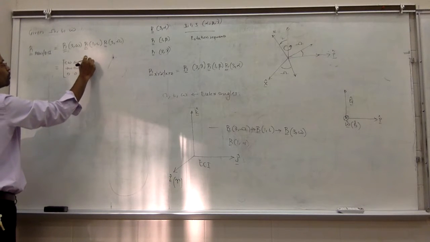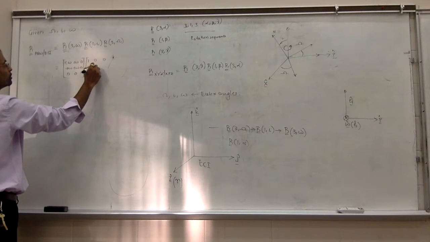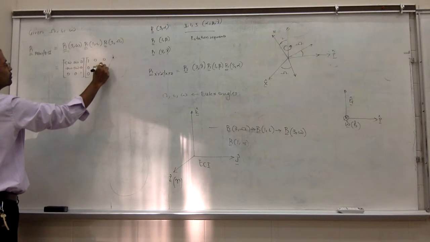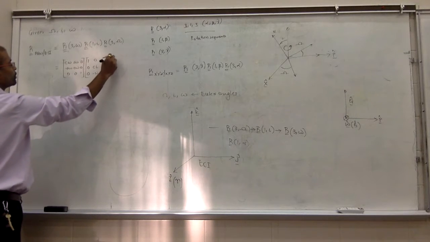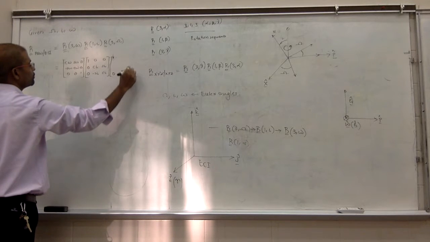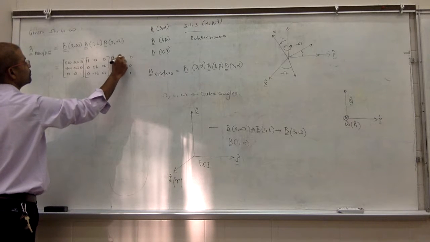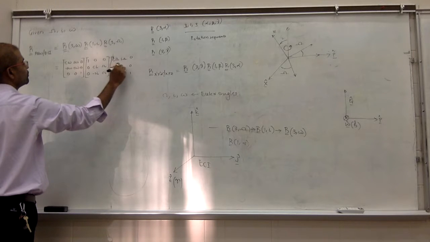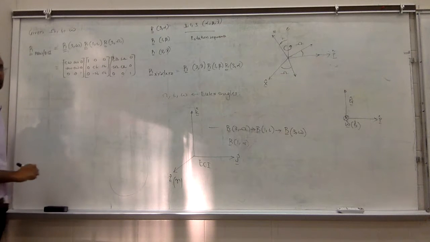And then it is 1, 0, 0; 0, cosine I, sine I; and then 0, negative sine I, and cosine I, multiplied by the same thing with Z. Get it?